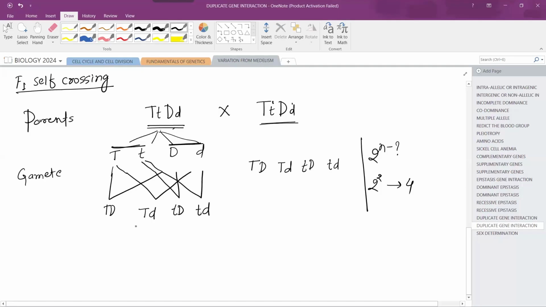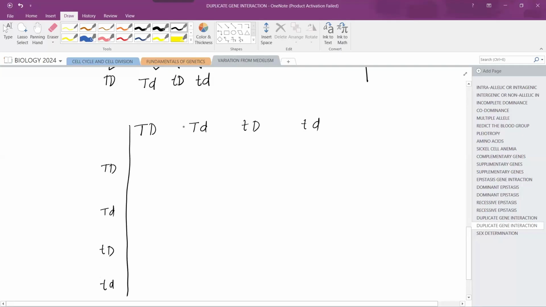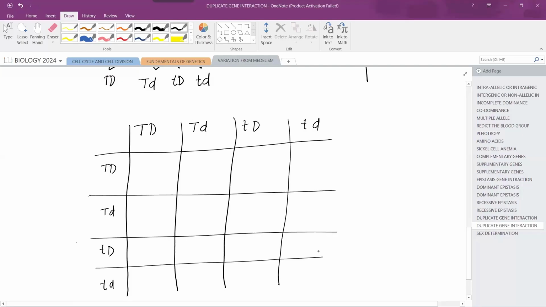Now, after that, when we draw the Punnett square, now let's make the genotypic combination.